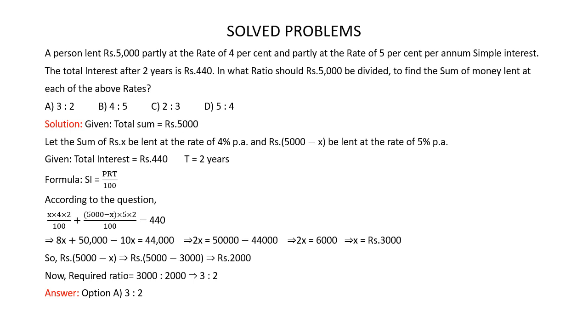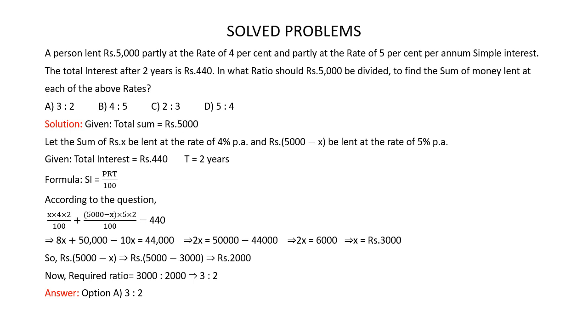So let's assume that the sum lent at the rate of 4% per annum is rupees X. Then the sum lent at the rate of 5% per annum would be rupees 5,000 minus X. Now we are asked to find the ratio between X and 5,000 minus X.